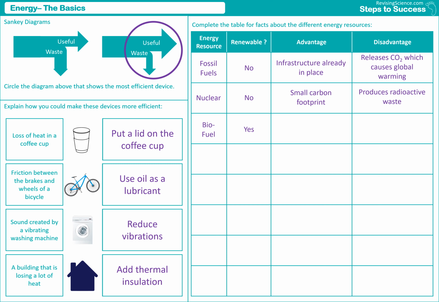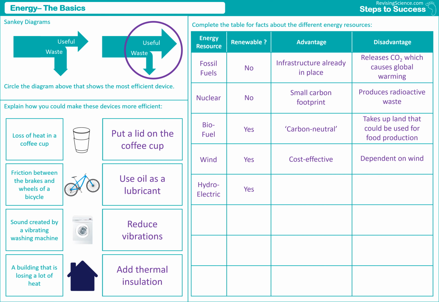Biofuels are renewable resources. The advantage of these is they are generally carbon neutral, but they do take up land that could be used for food production. Wind, again a renewable resource, is very cost effective, but it is dependent on the wind. Hydroelectric, again, is renewable, and the advantage is it's reliable. Dams will always be there, but it can affect the habitats by flooding and disruption of river systems.